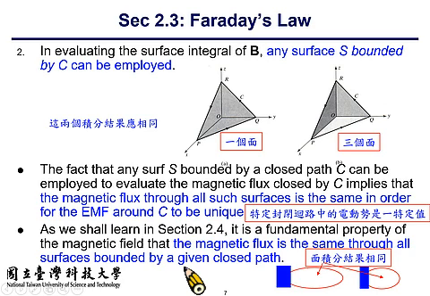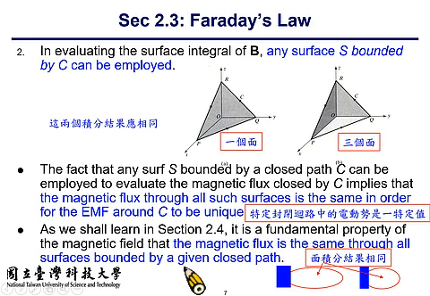Even though the surface is assembled from three planar surfaces, it's still a valid surface enclosed by the same contour, even though it looks different from the one to the left.